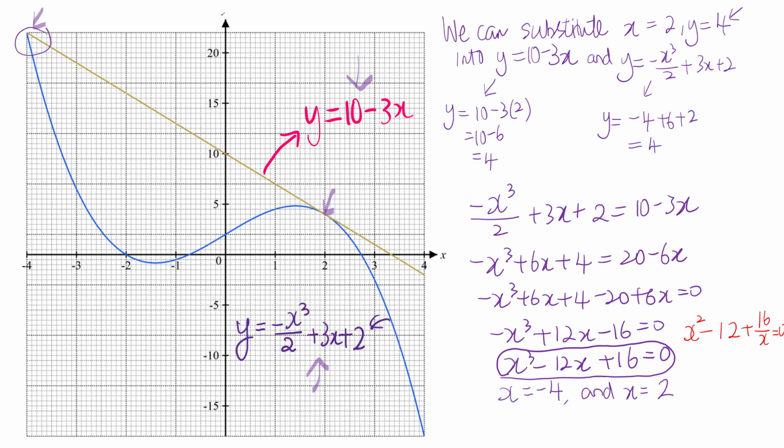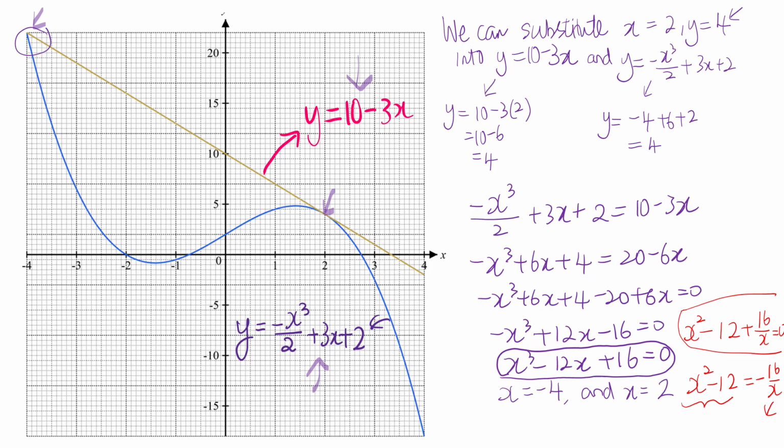So this particular equation will also give me x equals -4 and x equals 2 as a solution. I can also write it as x squared minus 12 equals -16 over x. That means I can have a quadratic curve intersecting a hyperbola curve, and I'll still get the solution x equals -4 and x equals 2.